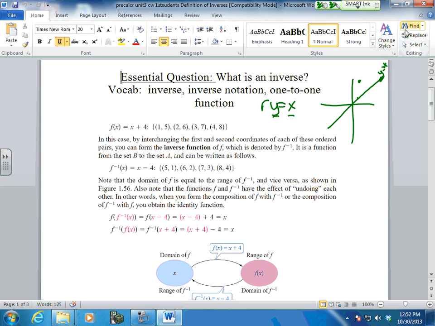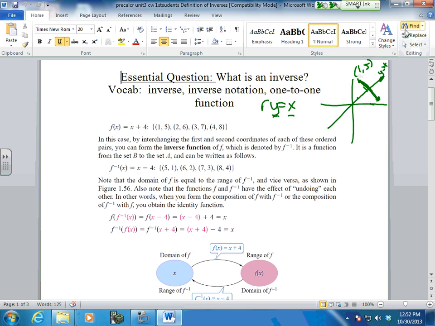If I had the point 1, 5, and I wanted to reflect it through this line, what would this new point be? What if I had this point 1, 5, and I reflect it through this line?